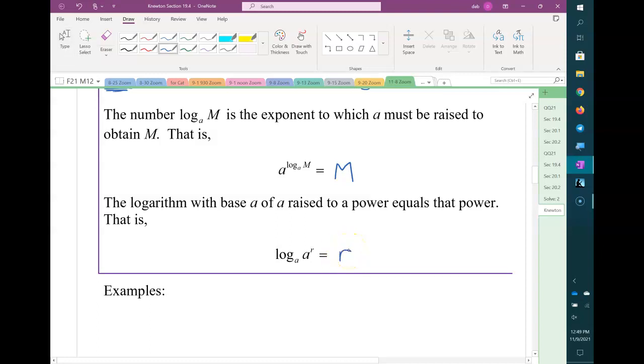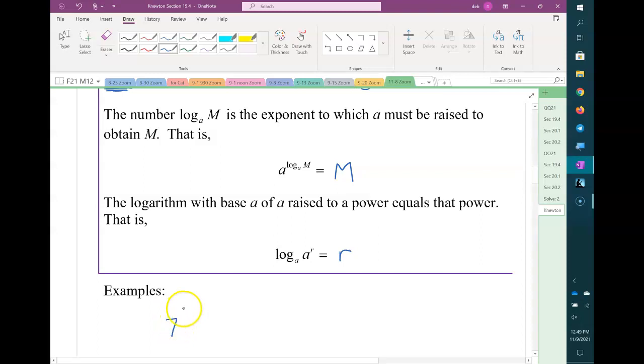This is the same two functions that are inverses, but in the opposite order. If we exponentiate and then do the logarithm, we get back to the number r that we started with. So let's do some specific examples.